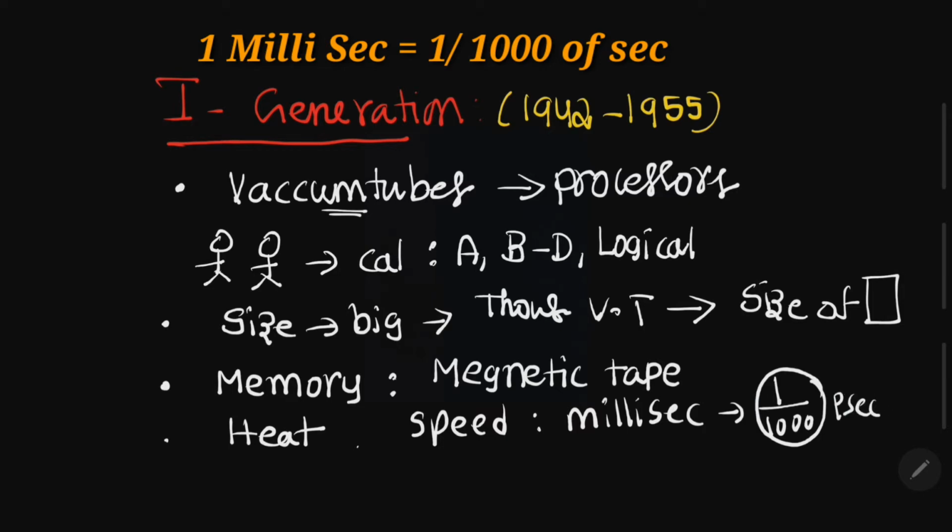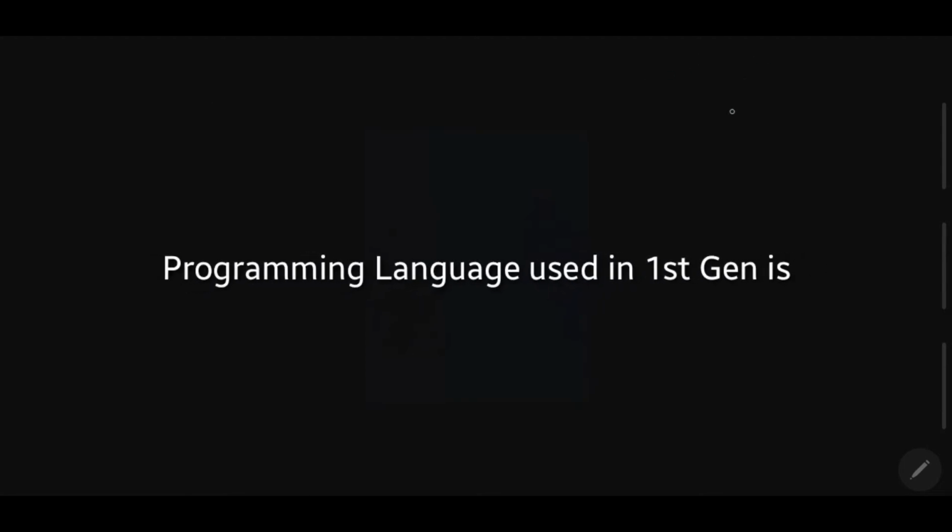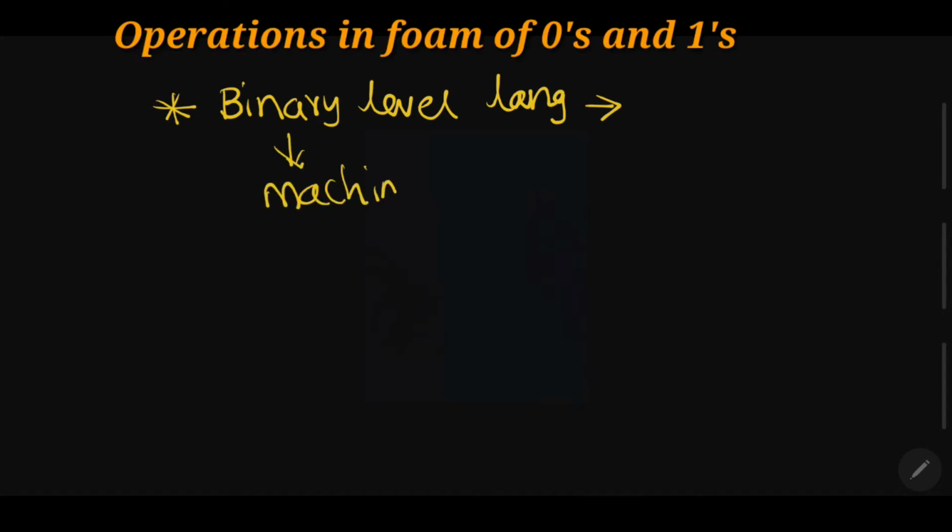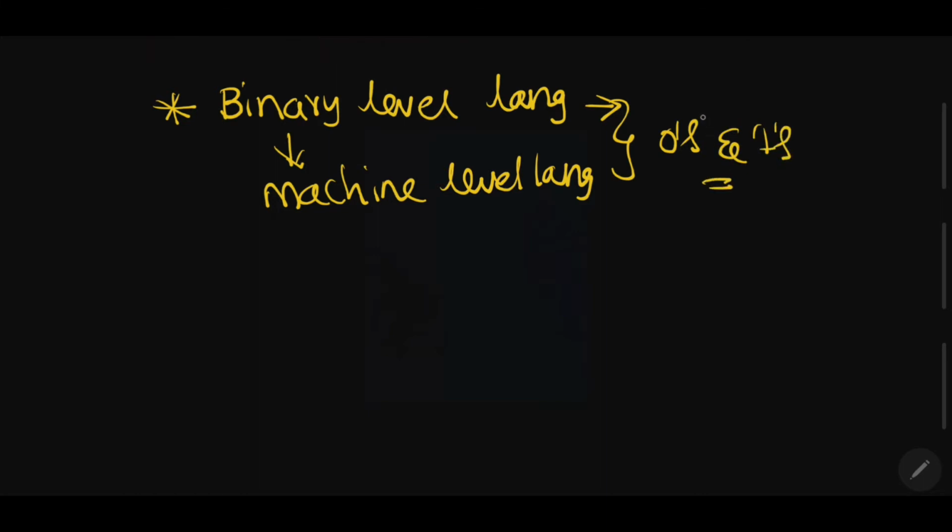In this first generation, the programming language is binary level programming language, used to write or define programs. We can also call this machine level language. That means we write programs with the help of zeros and ones.